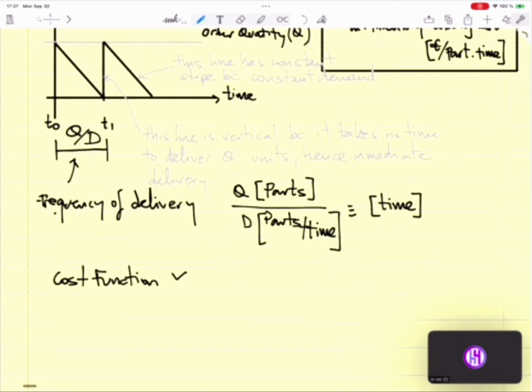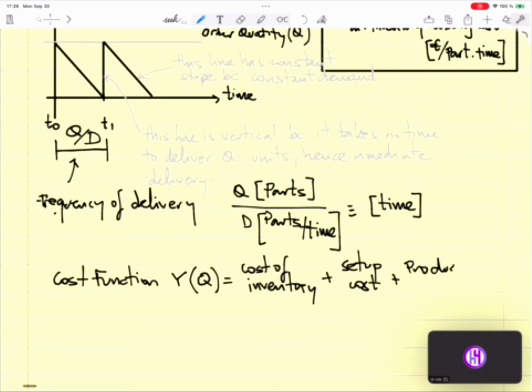And the cost function is going to be Y, in German epsilon, and it's going to take the cost of inventory, how much it costs to carry the inventory, plus how much it costs to change from one part to the next, the setup cost, plus the production cost. As you see, this is very logical.